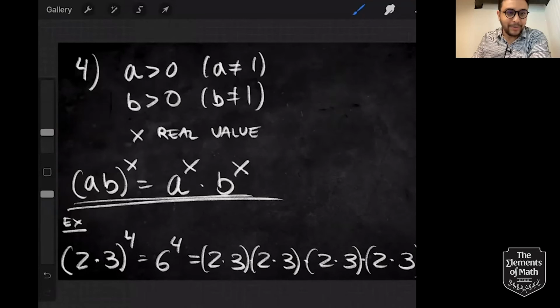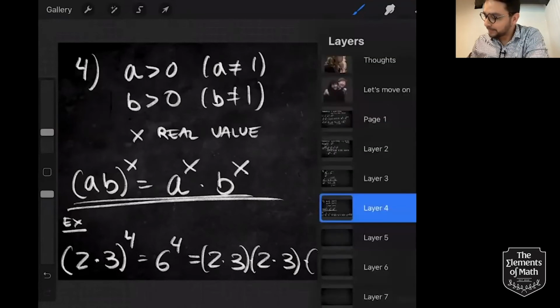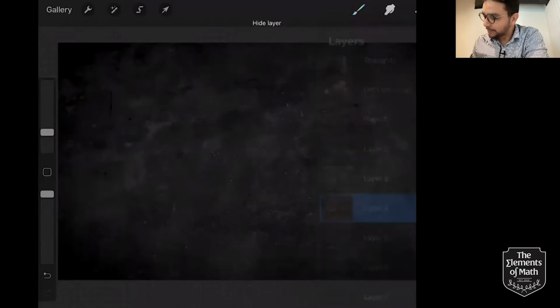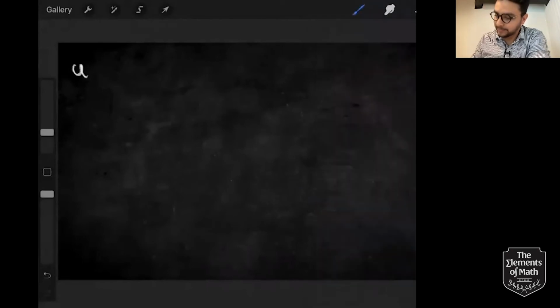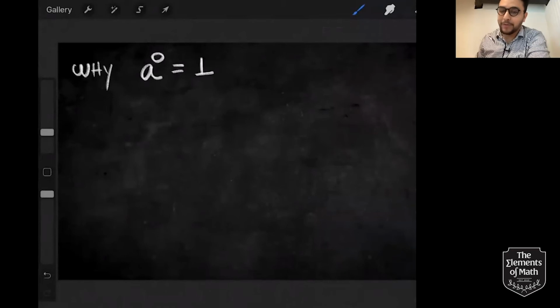With that, I want to just discuss pretty quickly why we have the following situation. Why do we have a to the power 0 equal to 1?